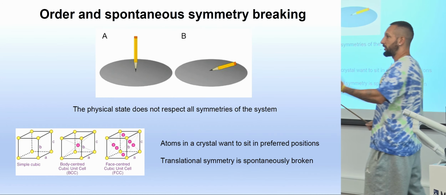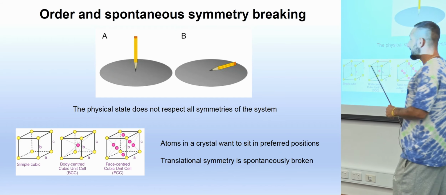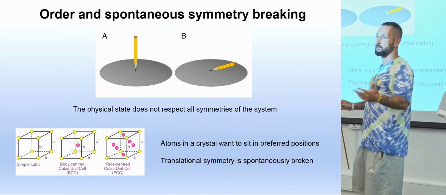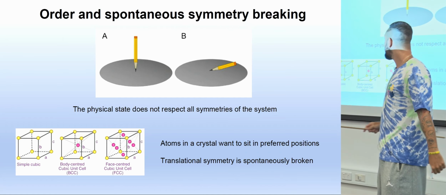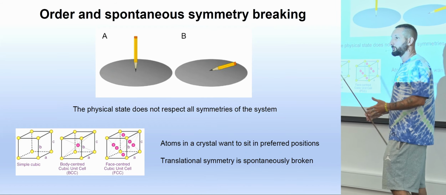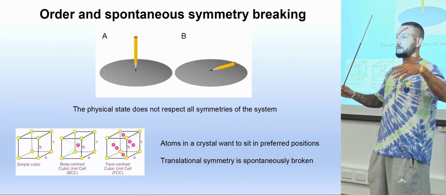So again, we can be more abstract or more formal and more theoretical. Order can be related to spontaneous symmetry breaking, which is, of course, a pivotal idea in modern physics in many different fields. So what is the idea? The idea is simple. A symmetry is spontaneously broken when the state breaks the symmetry of the system itself.